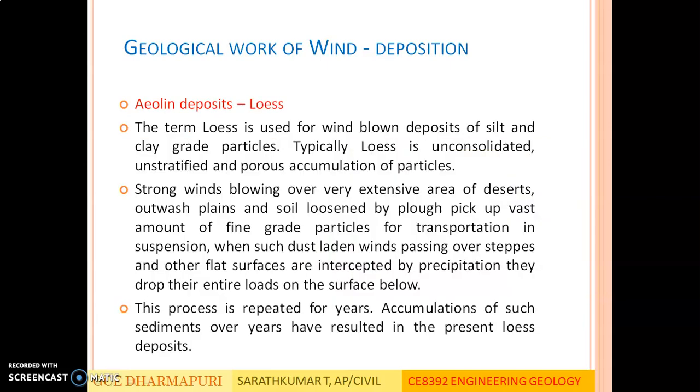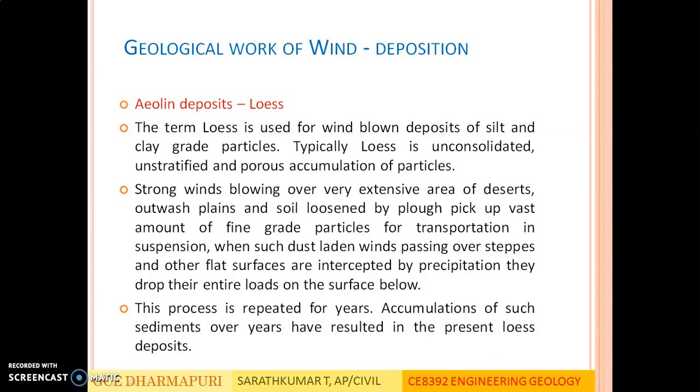The term loess is used for wind-blown deposits of silt and clay-grade particles. Typically, loess is an unconsolidated, unstratified and porous accumulation of particles. Strong winds blowing over very extensive areas of deserts, outwash plains and soils loosened by plough pick up vast amounts of fine-grade particles for transportation in suspension.